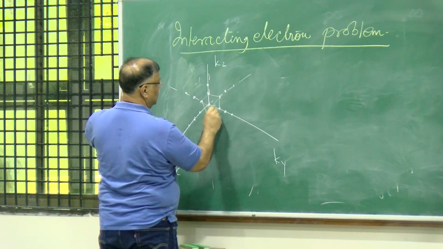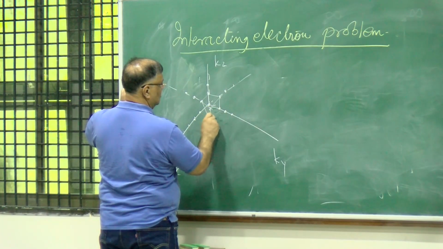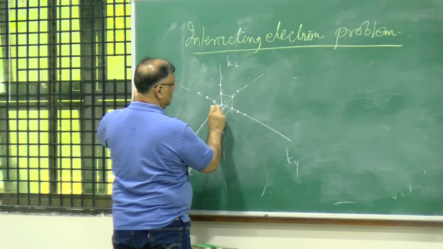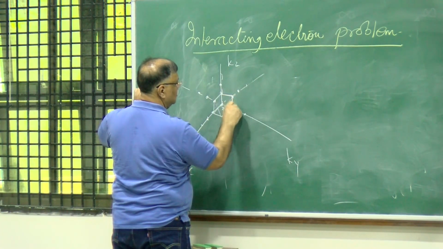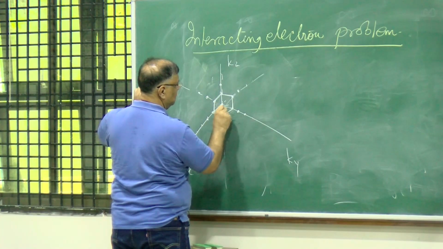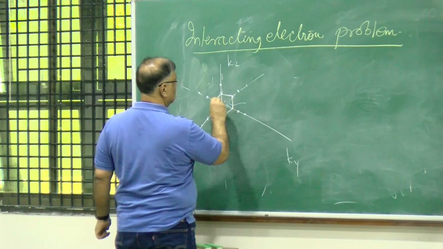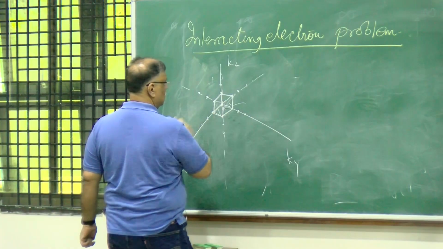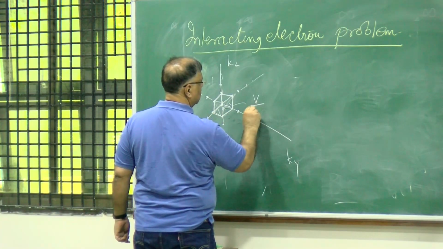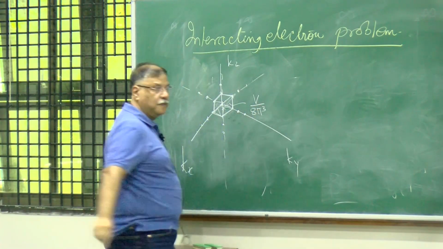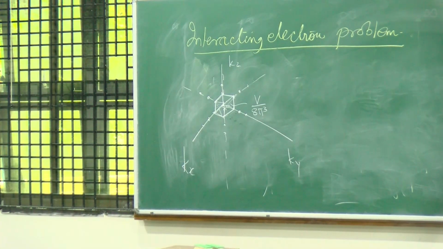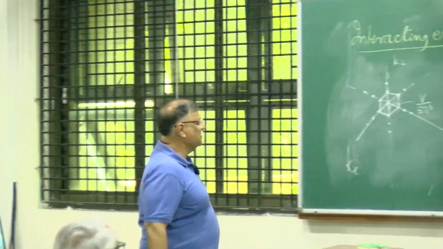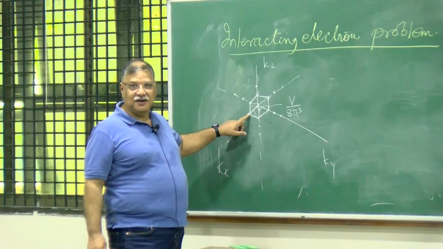There should be one out here. For every this volume, there is one state. And this volume is V over 8 pi cubed. Without the periodic boundary condition, it becomes a mess. So there is one state in this, right?